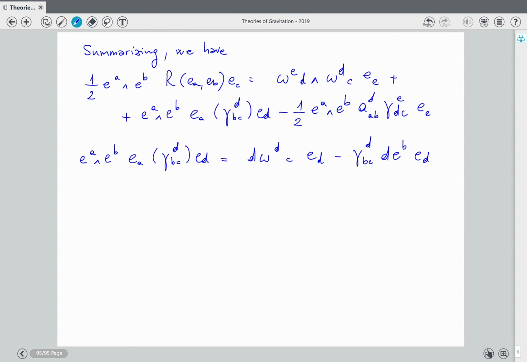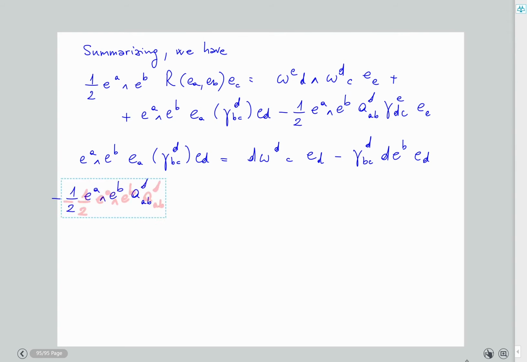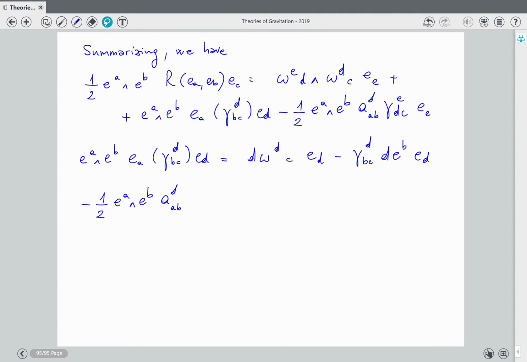Then what we showed was that this object here was equal to d e d. So now we collected everything and we see what we get for the right hand side.